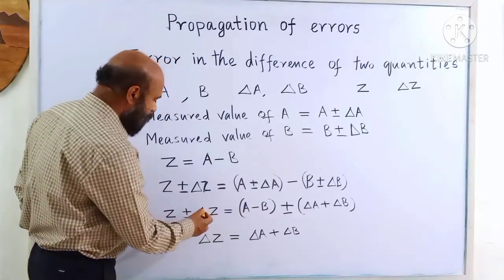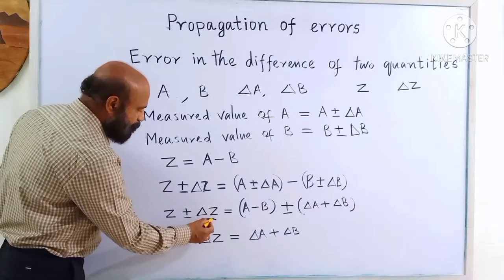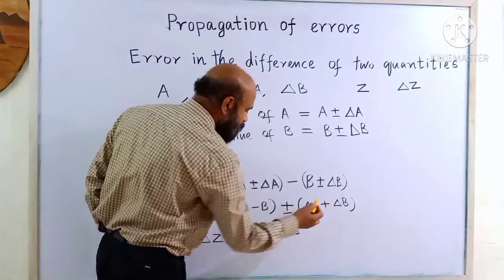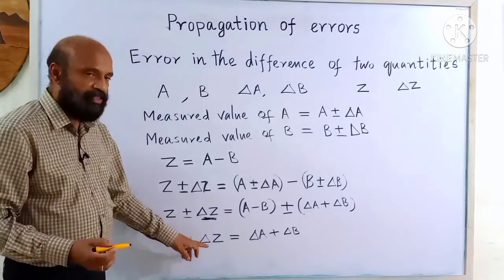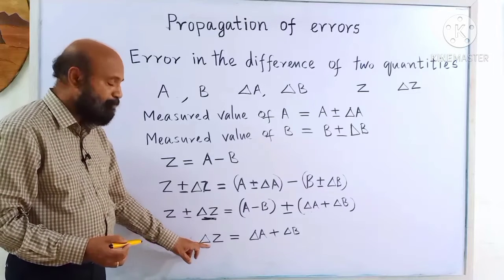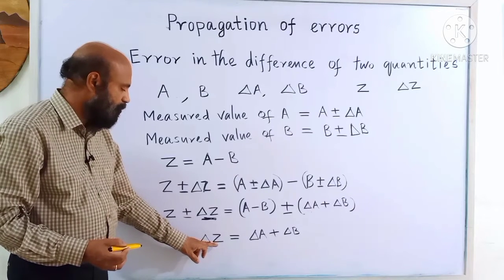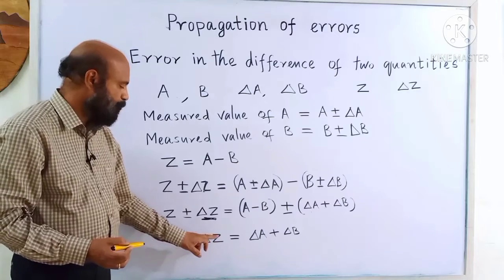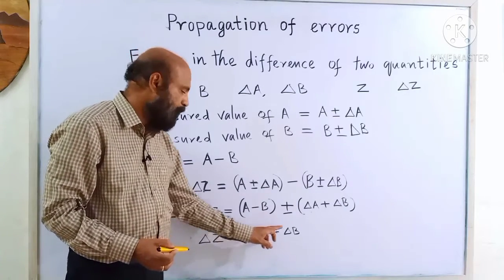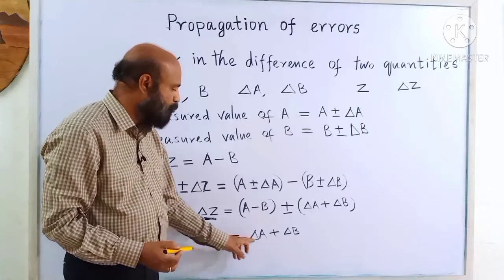Now delta Z is delta A plus delta B. So this is the error in the final result. So maximum possible error in the difference of two quantities is equal to sum of the absolute errors in the individual quantities.